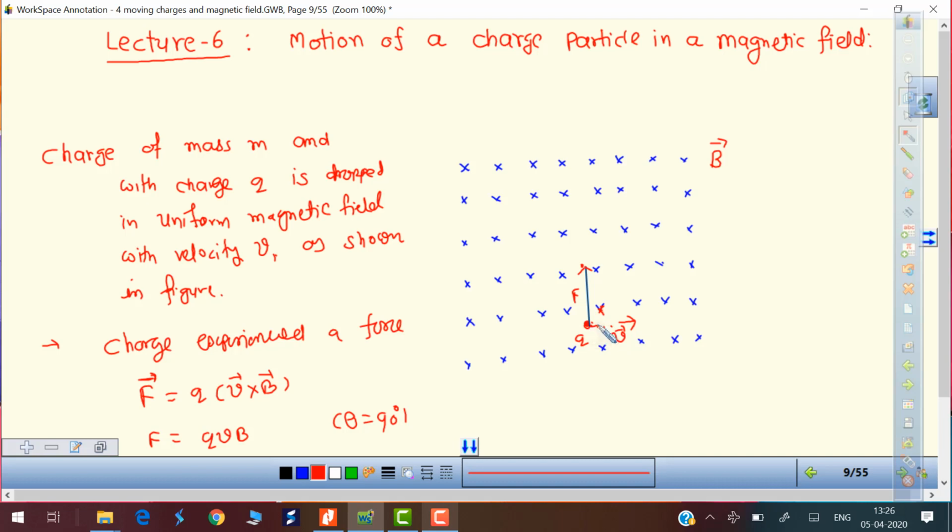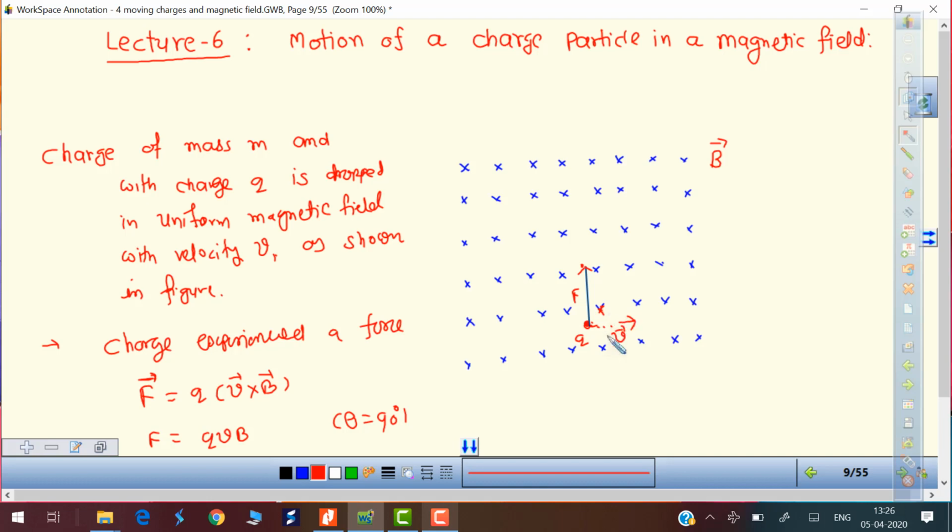We discussed in 11th that when force is acting perpendicular to the velocity, then the direction changes, not the magnitude. Every moment the force will be perpendicular to v, or perpendicular to the motion.